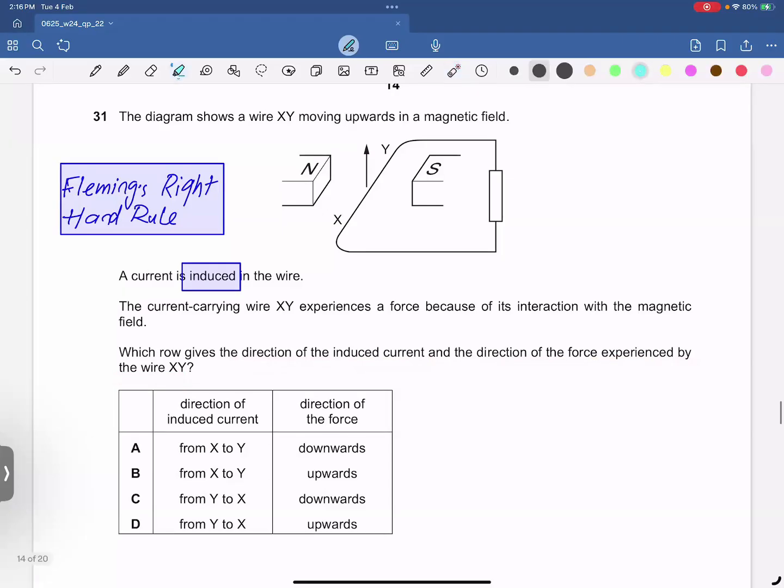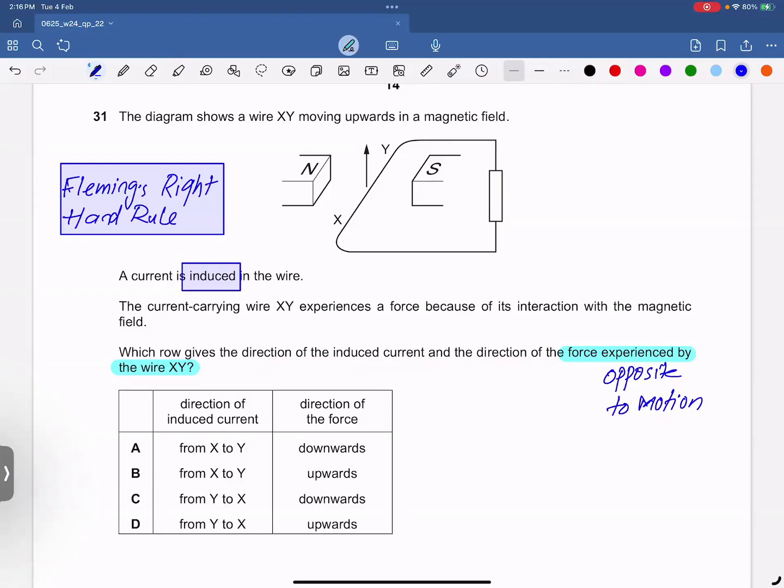Anyhow, the force is by Lenz's law. So force will be certainly opposite to motion. Lenz's law says the induced current causes a force which opposes the motion. You can shortlist the force first if you want, opposite to the motion.